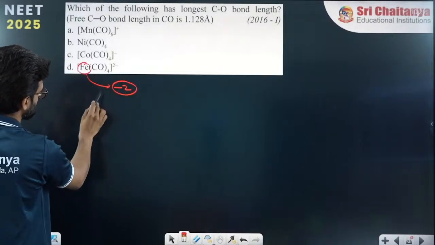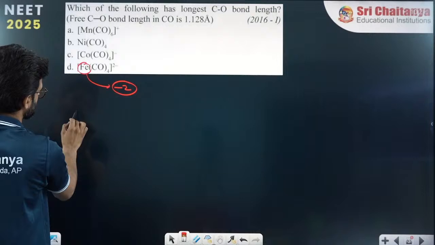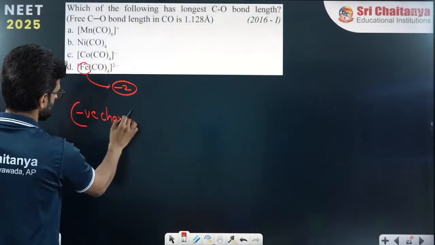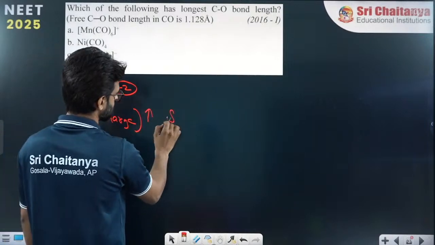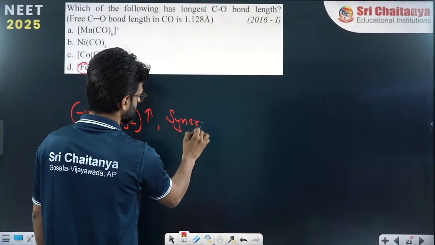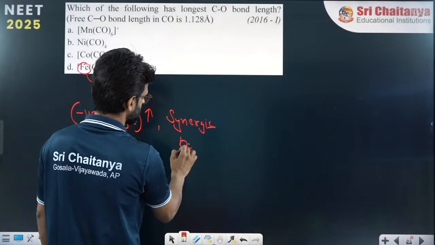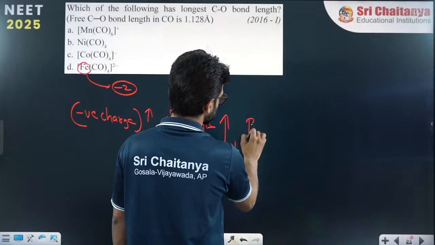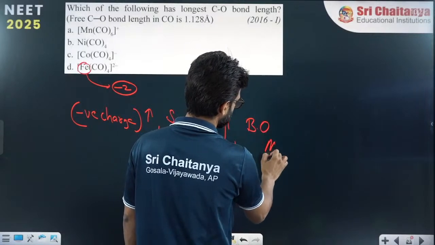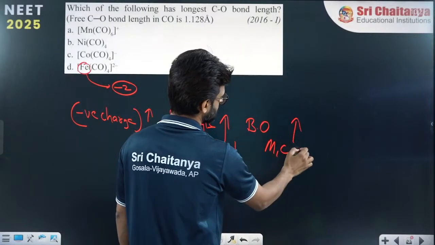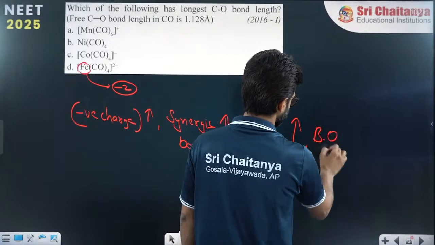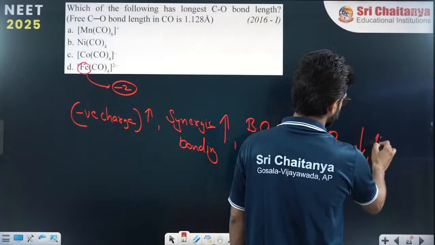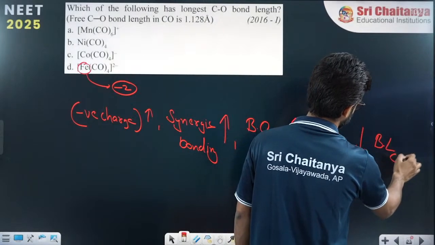The more the negative charge on the metal, the better the synergic bonding, and it becomes very strong. It means the bond order of metal-carbon will increase, and that's why the bond order of carbon-oxygen will decrease, and that's why the bond length of the carbon-oxygen bond increases.